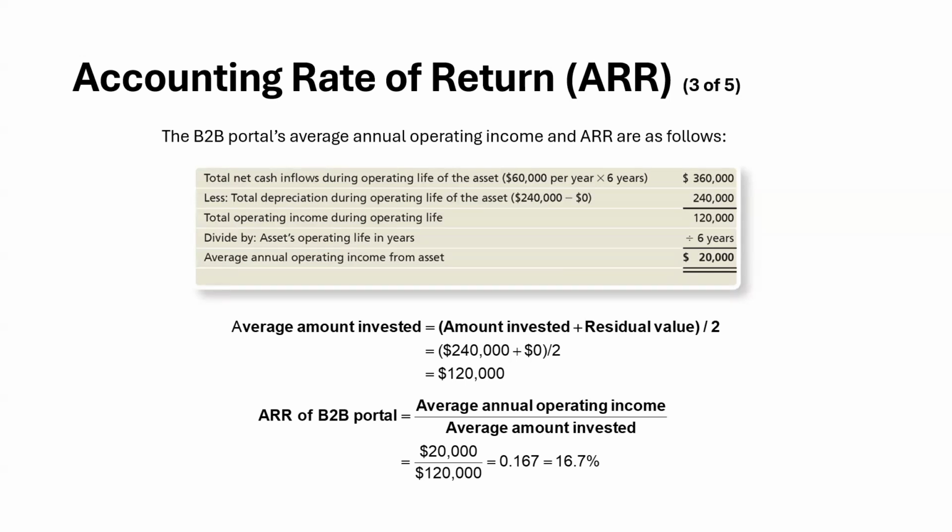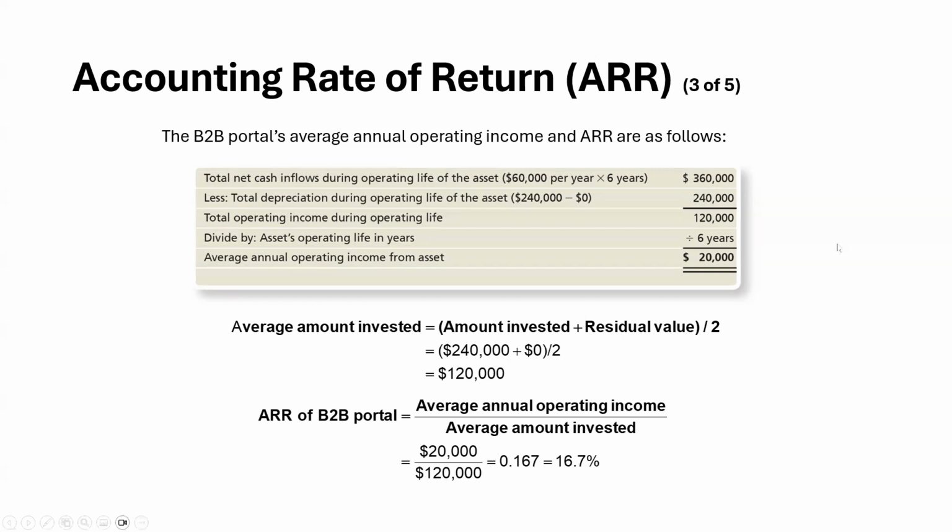The business-to-business portal average annual operating income is what you see here. The total net cash inflow over the life of the asset is $360,000. We then subtract the $240,000, which is the total depreciation expense that will be recorded during the life of the asset.